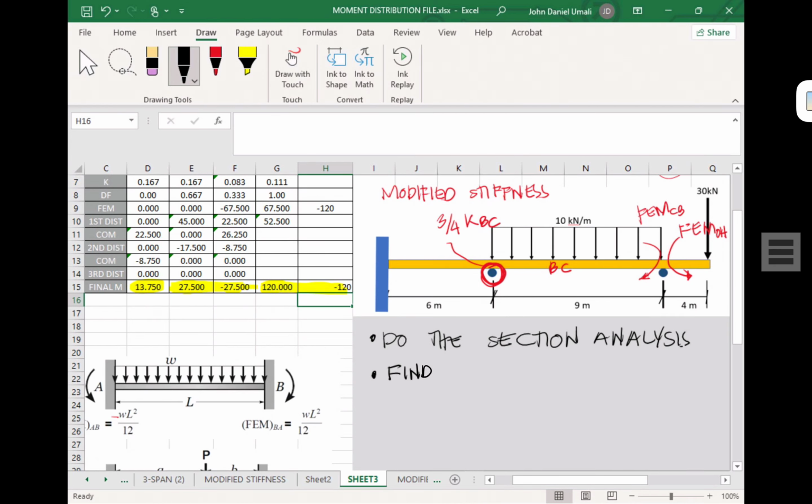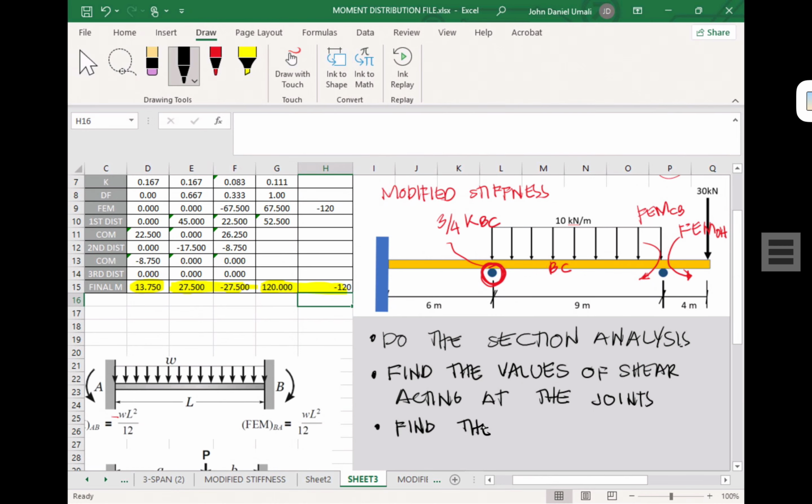Find the values of shear acting at the joints. And then find the reaction. So papakita ko na lang yung diagram pero hindi ko na siya i-solve.